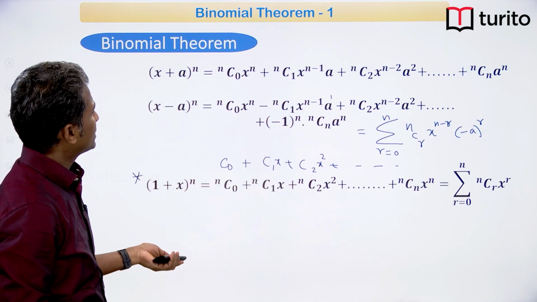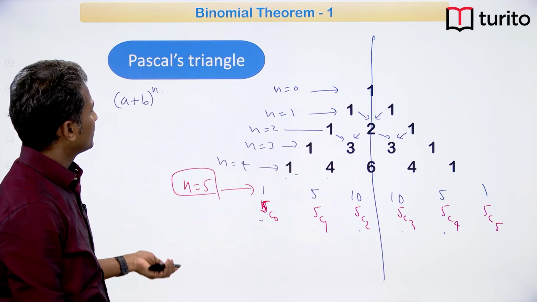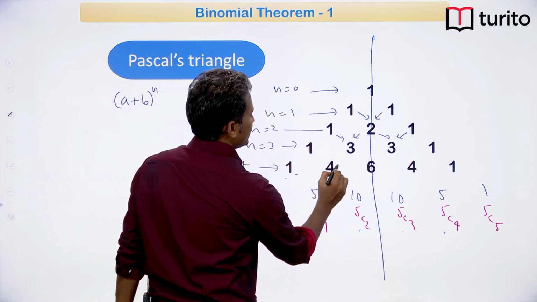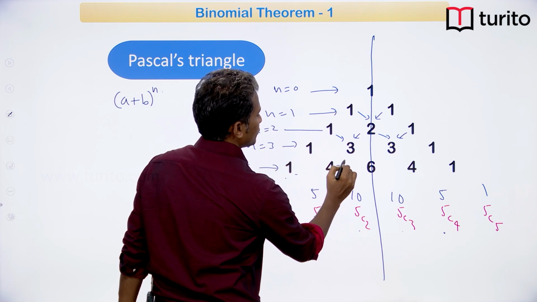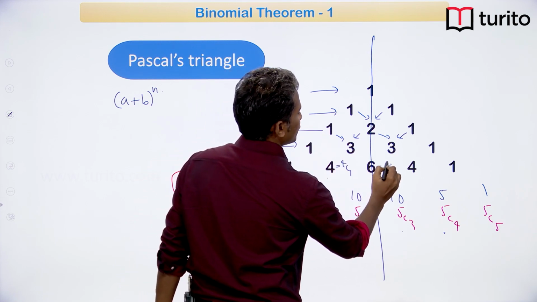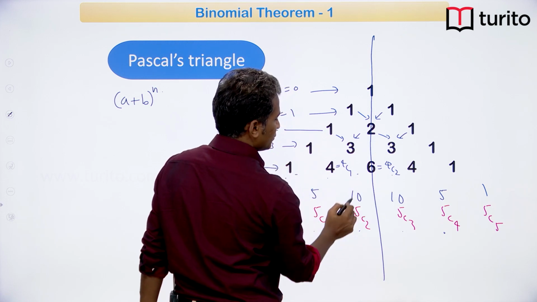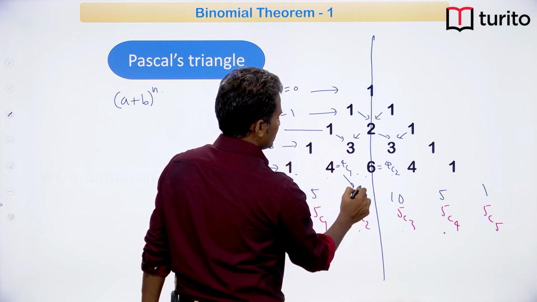Now, let us look at this in Pascal's triangle. Okay, so here this term is 4c1 and this is 4c2. So when we add 4c1 and 4c2, we must be getting this 5c2.